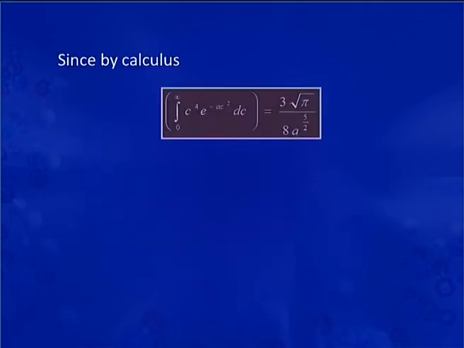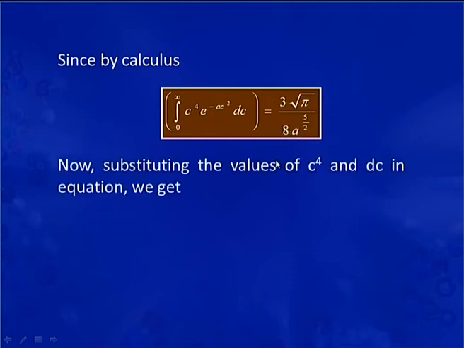Since by calculus, ∫₀^∞ c⁴ e^(−ac²) dc is equal to 3√π/(8a^(5/2)).